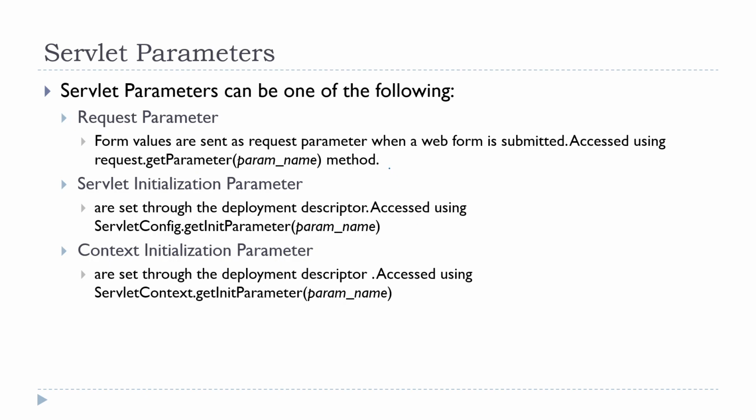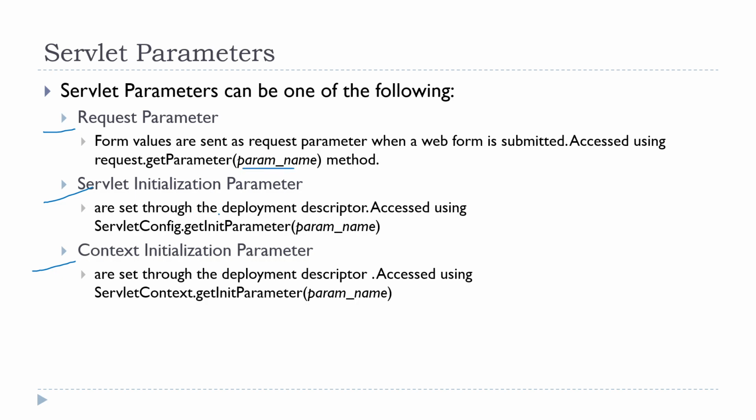These are the following types of servlet parameters: request parameter, servlet initialization parameter, and context initialization parameter. Request parameters are sent from the form which has been submitted, and they can be accessed using the request.getParameter method, wherein we pass the name of that parameter as an argument, which is a string.